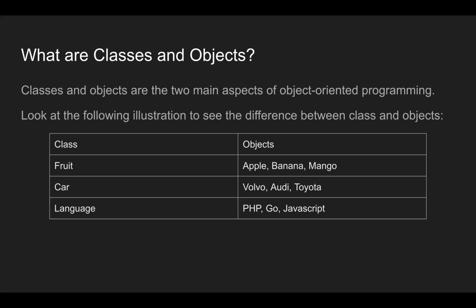So a class is like a template for objects, and an object is an instance of a class. Let me say this again. A class is a template for objects, and an object is an instance of a class. When an individual object is created, it inherits all the properties and behaviors from that class. So let's use, for example, a class called fruit and an object called apple.